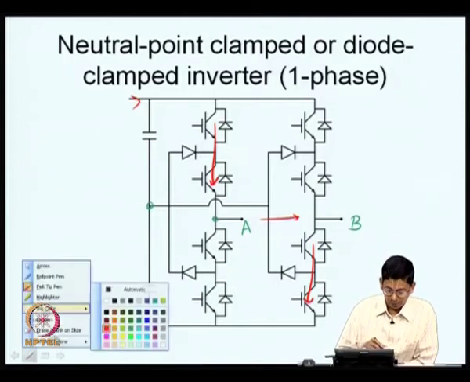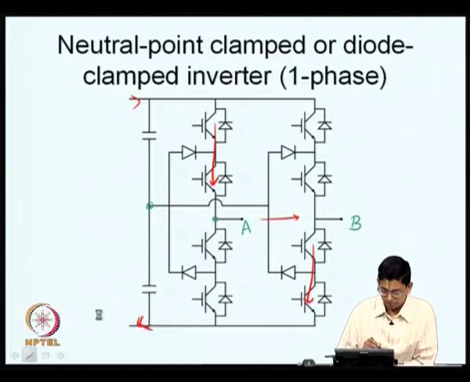On the other hand, let us say you have A connected to the midpoint, that is this O. In that case, for a particular direction of current, current can be flowing in this direction.